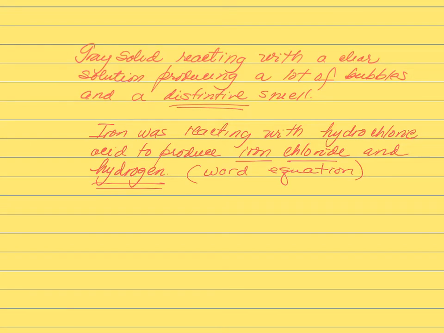Word equations. Okay. Iron, which is a solid, reacting with hydrochloric acid, aqueous, because it was a solution, is producing iron(III) chloride, but you don't need to know that now because I didn't teach you how to name ionic compounds made of transition metals, in an aqueous state, also releasing hydrogen, which is a gas.